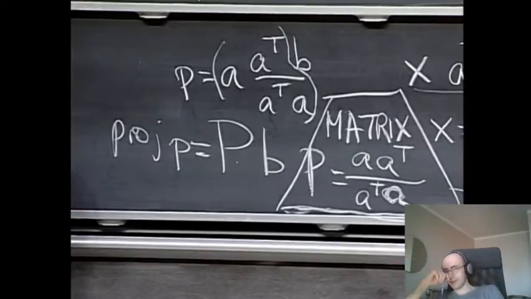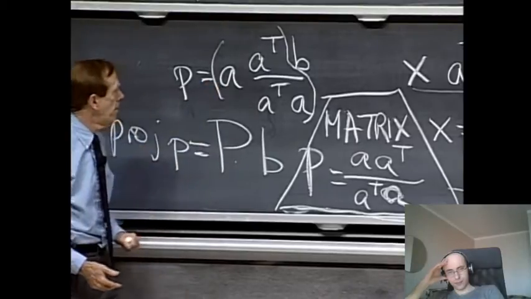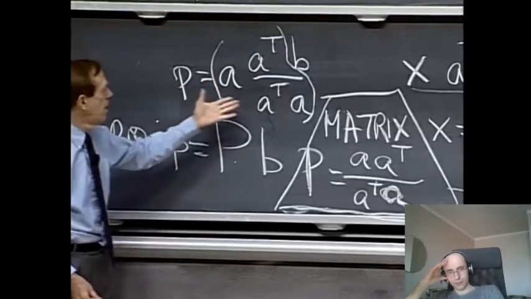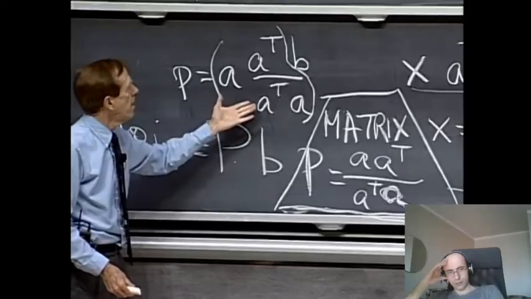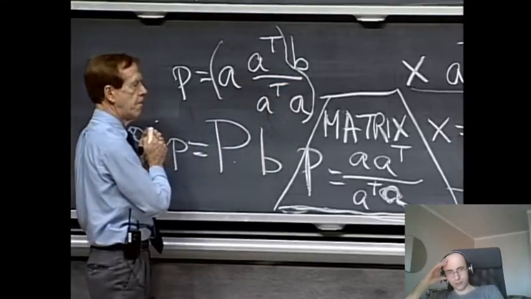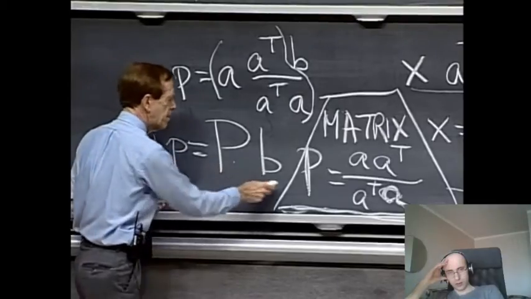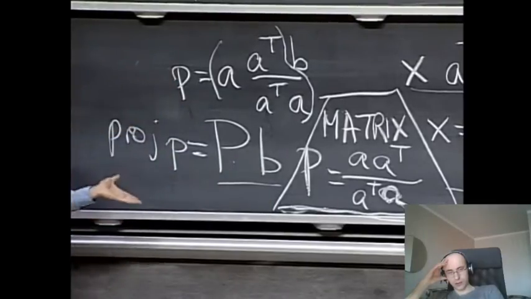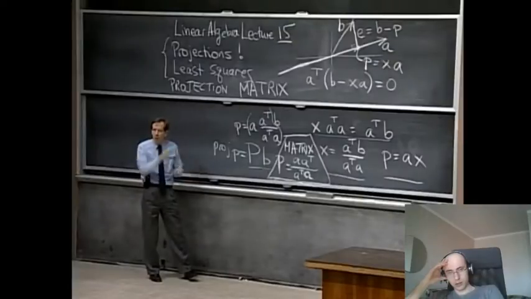That's how column spaces work. Now, what space do we always land in? What's the result when I multiply any vector b by my matrix? So I have P times b. I'm still in the column space. Where am I? In the column space. I'm on that line.